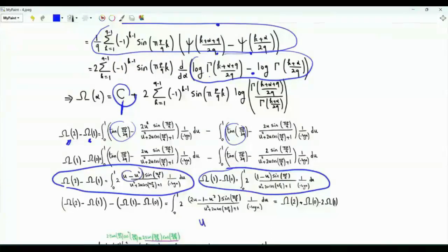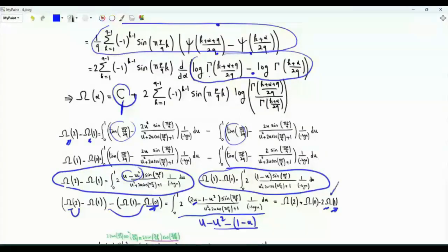If we subtract, we have u minus u squared from here, minus 1 minus u from there. This is 2u minus 1 minus u squared. This integral represents omega of 2 plus omega of 0 minus double omega of 1. Working with differences eliminates the integration constant c, but we need to obtain it.